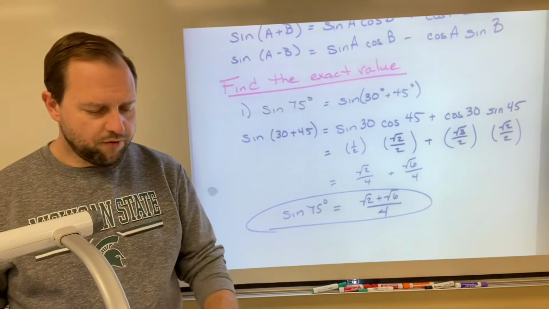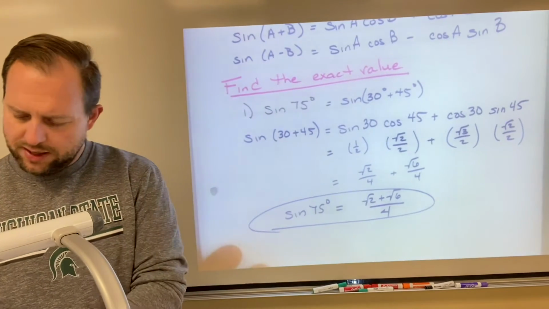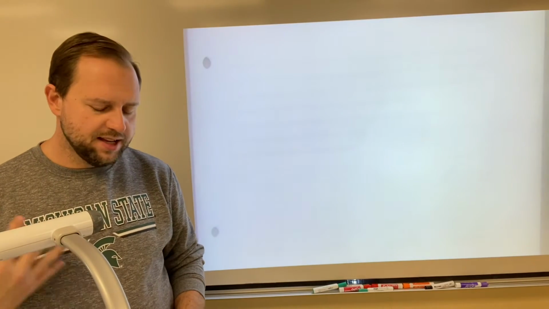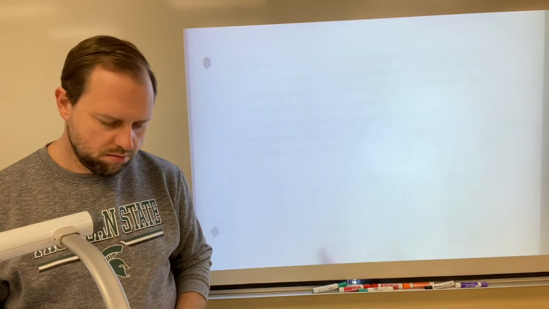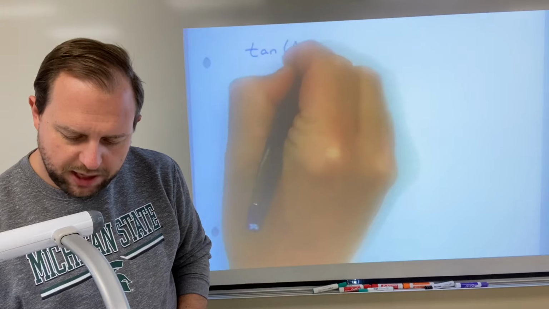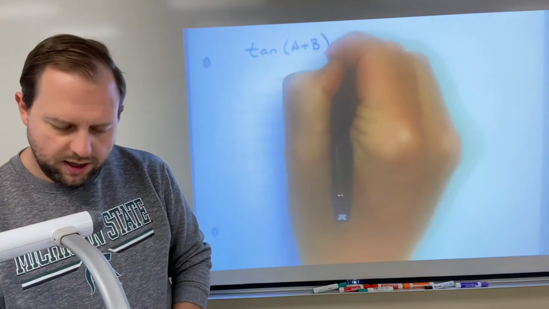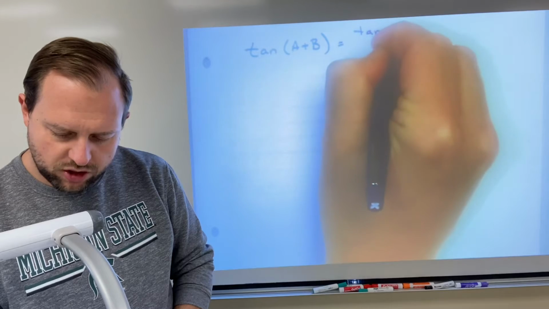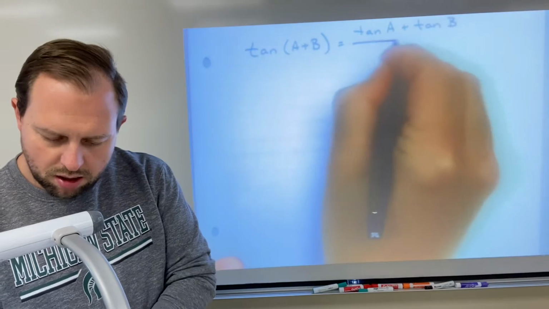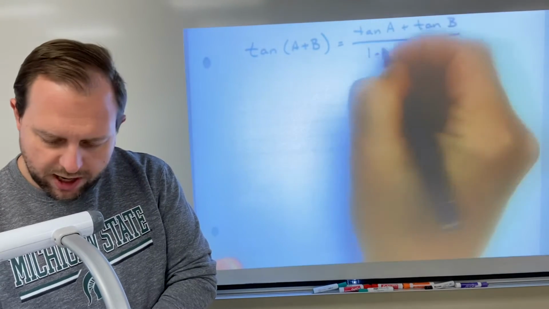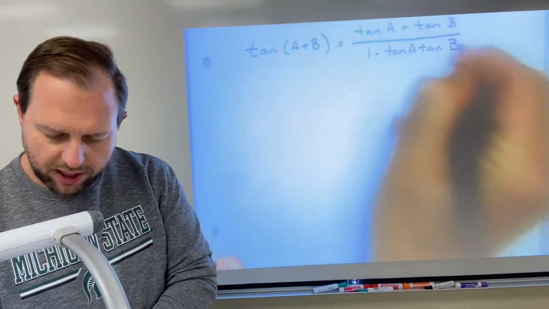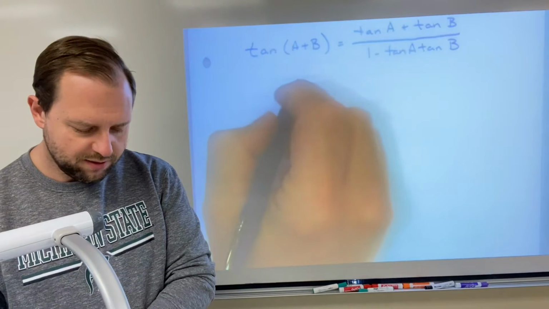Okay? For the tangents, the tangent formulas are not as nice. For the tangent of A plus B, it is the tangent of A plus the tangent of B all over 1 minus tangent A times tangent B. And for the difference, very similar.